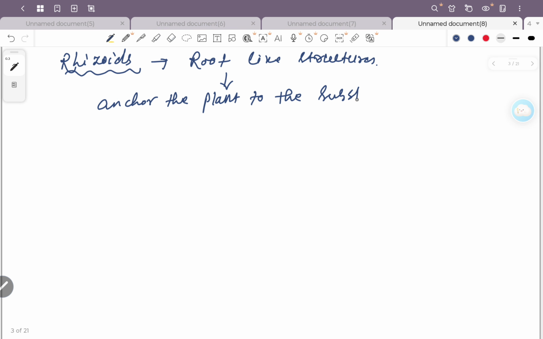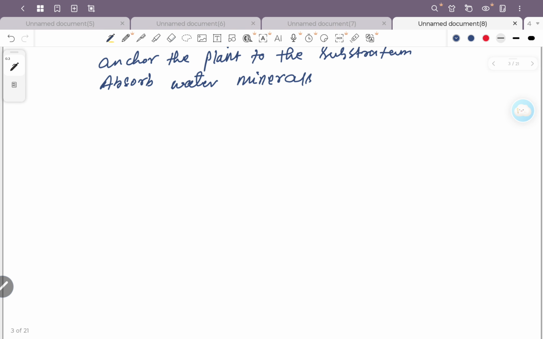Substratum means anything on which it grows, like a rock. And they help in absorbing water and minerals. So they perform the function of root, but they are not true roots because they lack xylem and phloem. Now these rhizoids may be of two types. It may be unicellular, it may be multicellular.